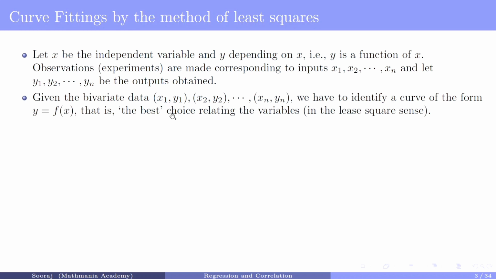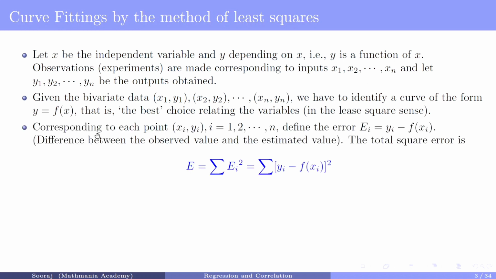When we say the best choice relating the variables, we expect it in the least square sense. Let us see what we mean by the least square sense in due course. We define the error to be yi minus f of xi.